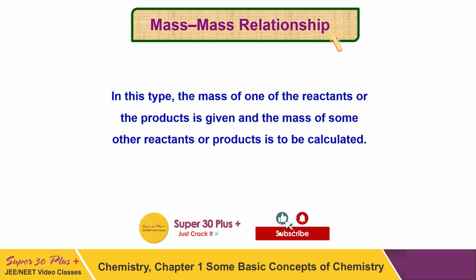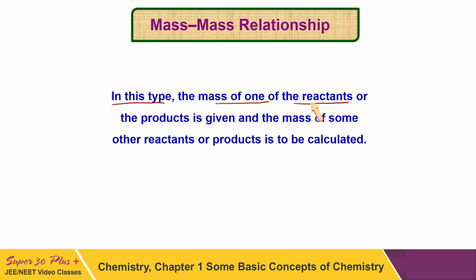So first we will discuss the mass-mass relationship. What is the mass-mass relationship, students? In this type, the mass of one of the reactants or products is given and the mass of some other reactant or product is to be calculated. I'll give you examples to explain this. Say for example, in this very simple equation, N2 plus 3H2 gives 2NH3.